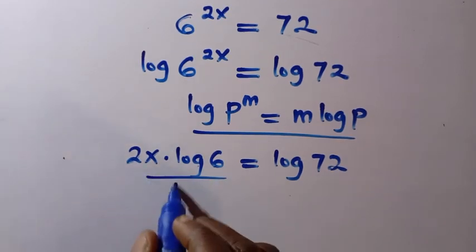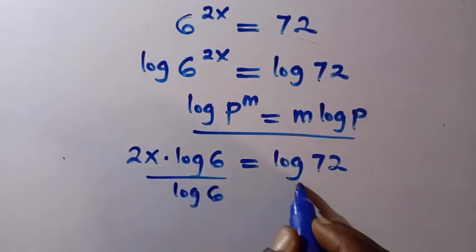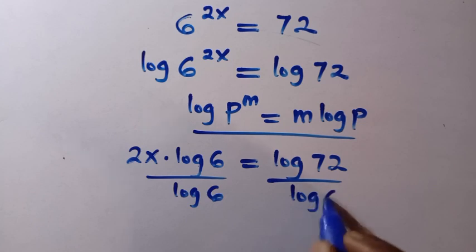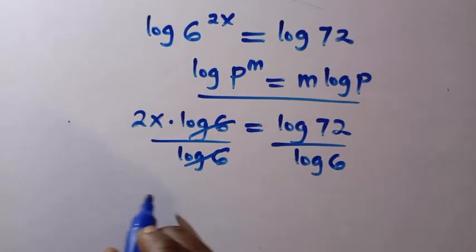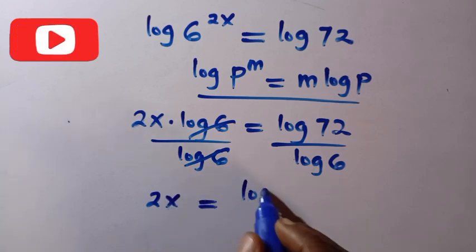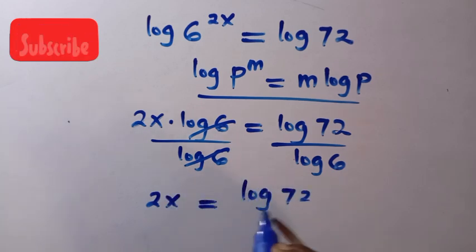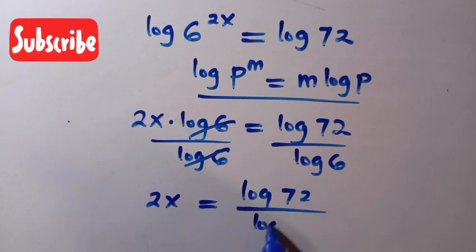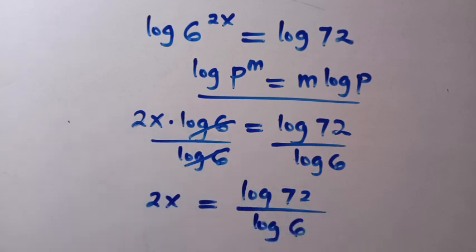So we divide both sides by log 6 from here. Log 6 cancels log 6. We then have 2x equals log 72 divided by log 6.